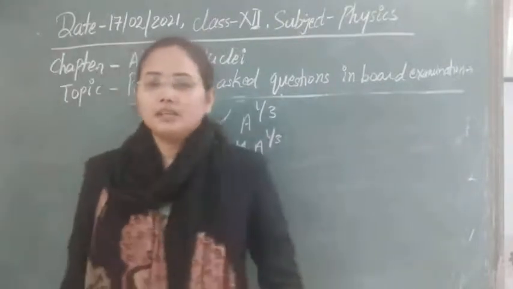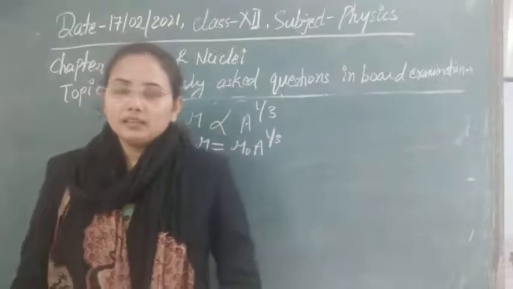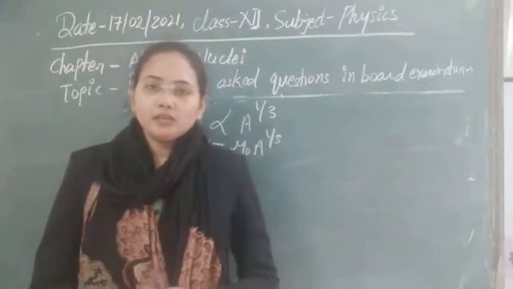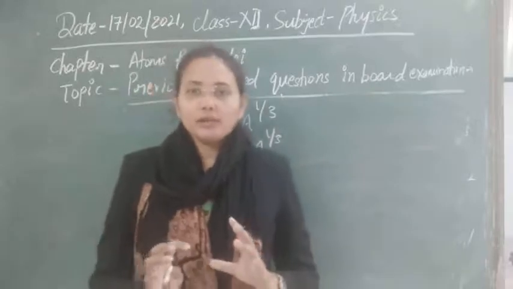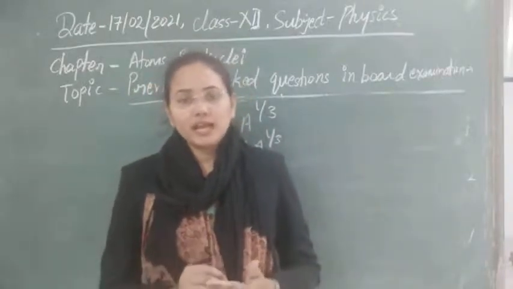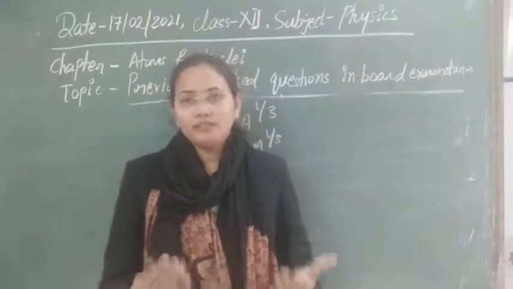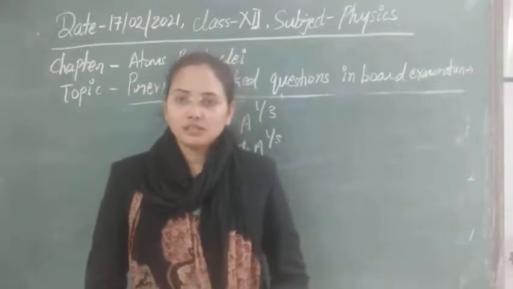Next, the second property: surface area. If we are talking about any sphere, you know that a sphere has radius, surface area and volume, so we study these three properties here also.